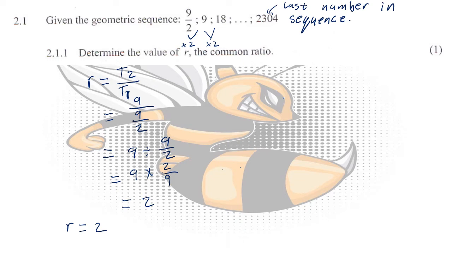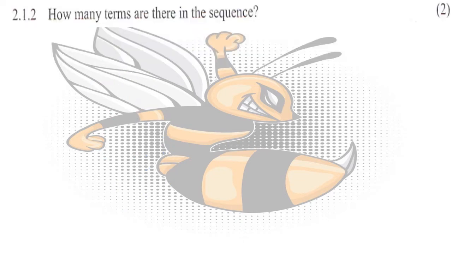Now the next question asks you, okay, how many terms are in this sequence? Now, as a bit of reminder, we know that your R value is going to be 2, and the last term in this case, if you remember back, is going to be 2304.